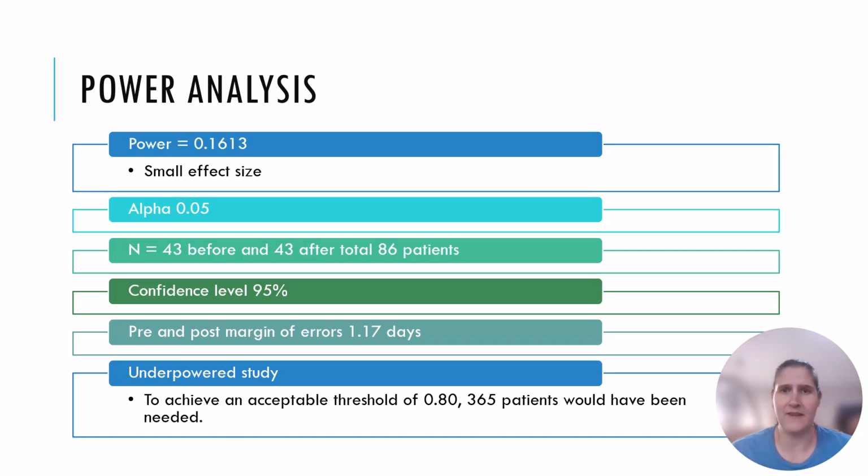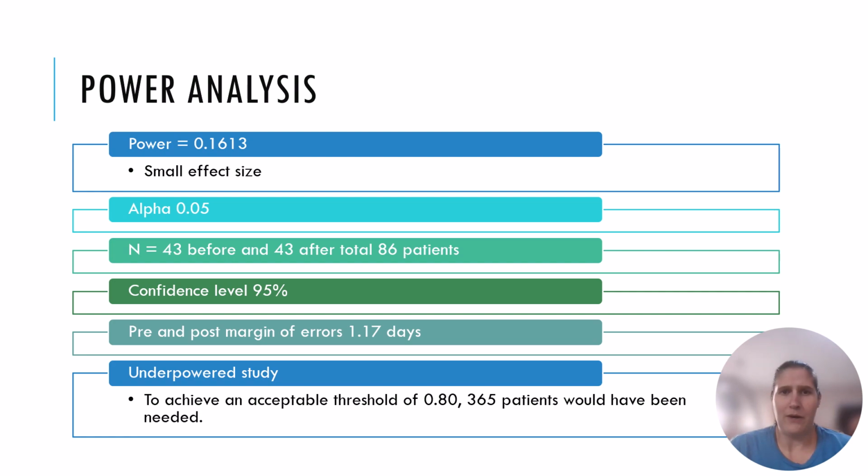and observed effect size. The calculated power was 0.1613, which was significantly lower than the acceptable threshold of 0.8, indicating the study was underpowered and may not have detected a significant effect even if one existed.